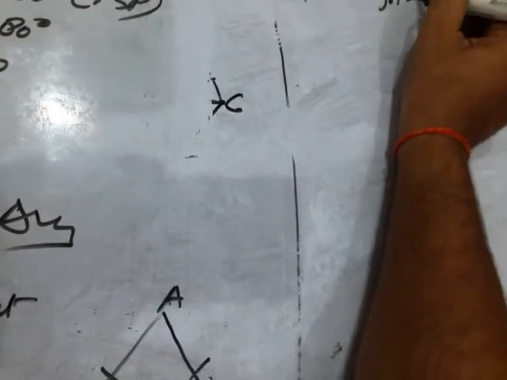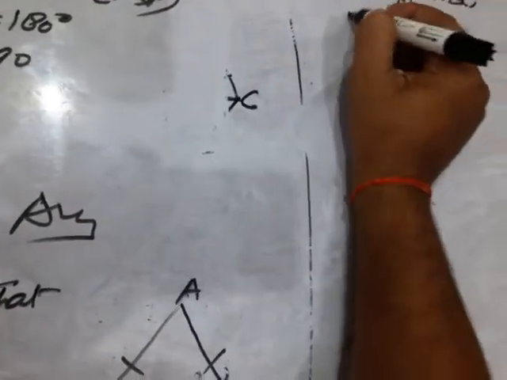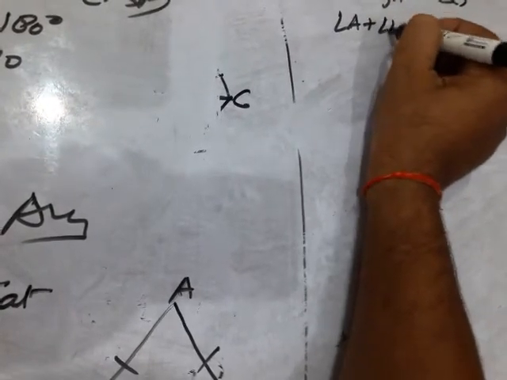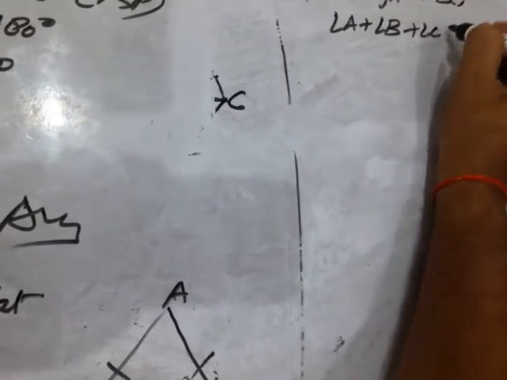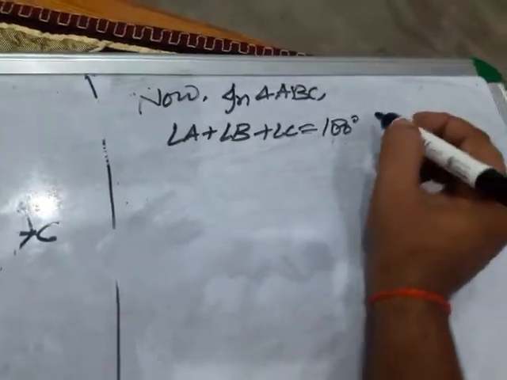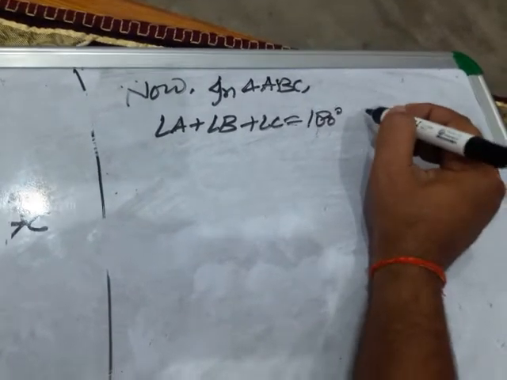Okay, now moving to the next step, children. Now in triangle ABC, angle A plus angle B plus angle C equals 180 degrees. Why is it so?